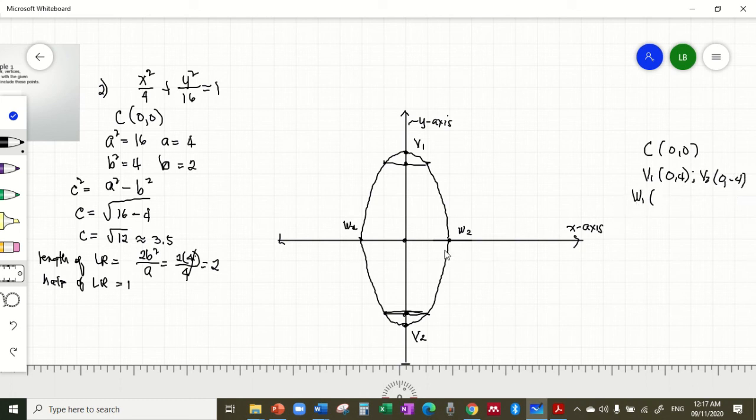Co-vertices, 2, 0, and negative 2, 0. Our focus, 0, 3.5, and 0, negative 3.5. This one.